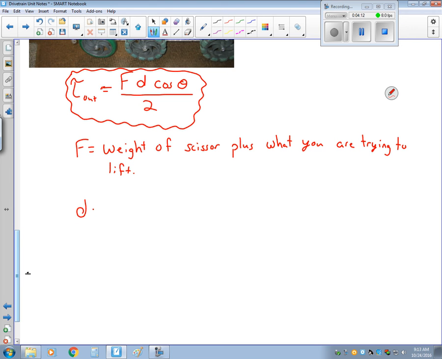D is the length of the levers for the scissors.